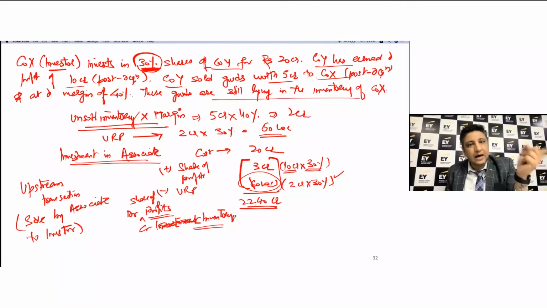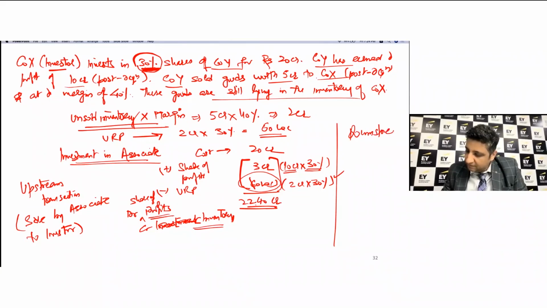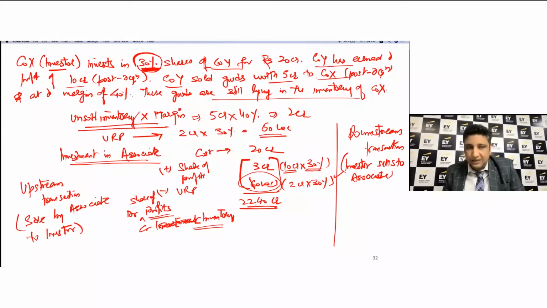Okay. However, if it were a downstream transaction, where the investor sells to the associate, what would that imply?